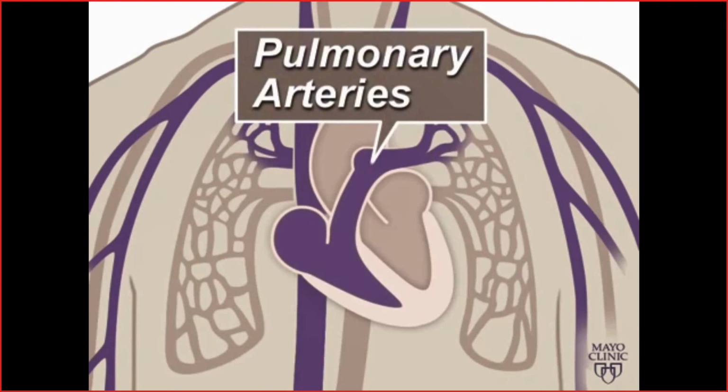Why does this artery carry oxygen poor blood? This is an exception. The pulmonary arteries are an exception, because they carry oxygen poor blood.